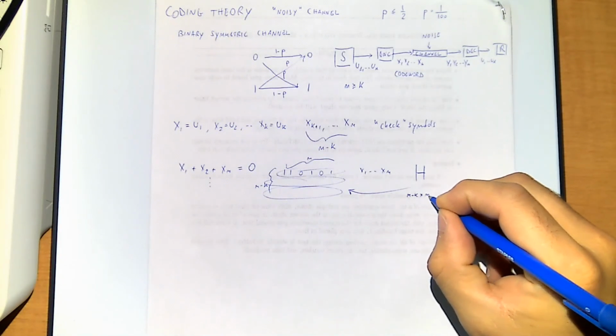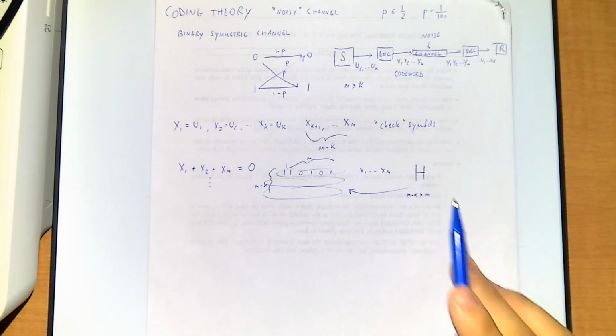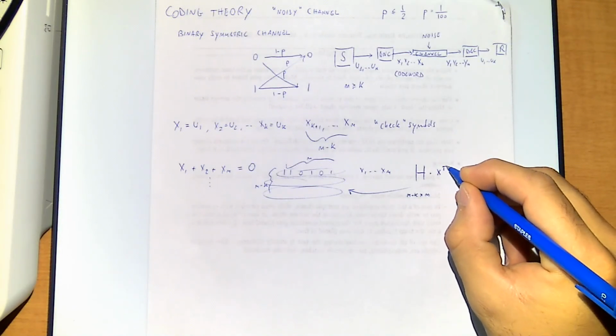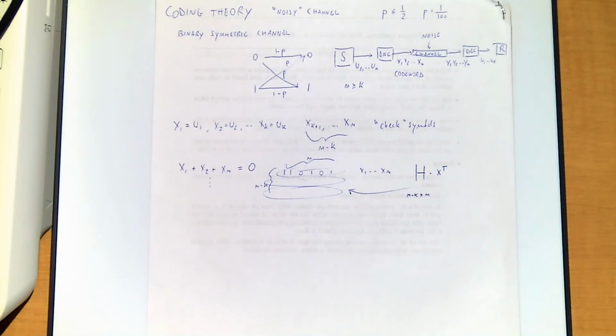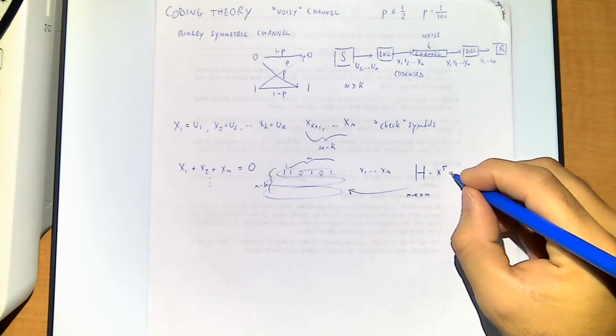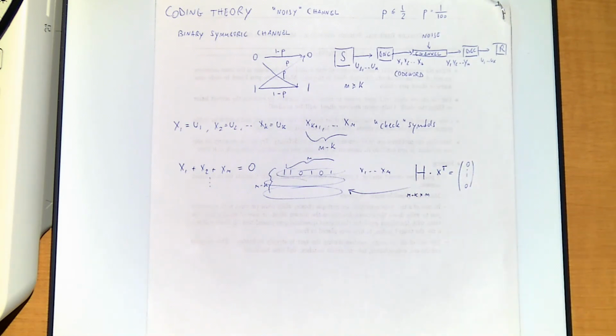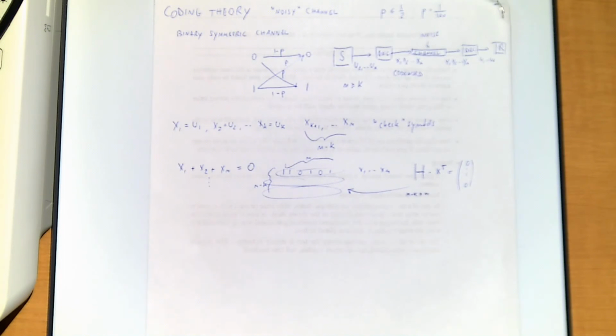So I have an n minus k times n matrix here, binary, and the check is simply this times the vector of the x's, which is my code word, transposed, equal to 0. Okay. So then you see that the code word times the first row gives me 0, and that's the first equation. Then code word times second row, the second equation, and so on. And all of these are equations in the x's. And that's how I set up these checks.